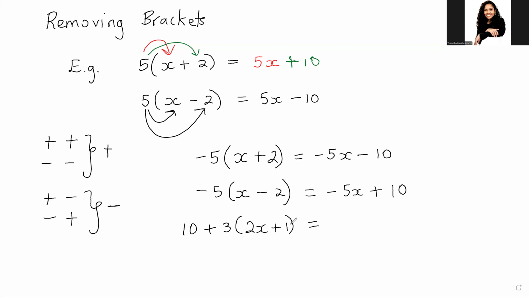You have to actually work out your brackets first and then add 10 on the outside because this problem literally means 10 plus the product of 3 and 2x plus 1. So 10 plus 3 times 2x plus 3 times 1. That's what it is. So whenever you see a problem like this, you do not add this 10 to the 3 on the outside because that 3 is part of this part of the problem here, right?